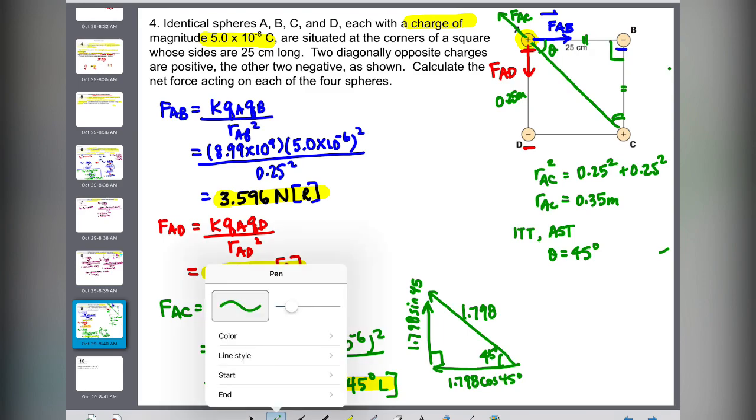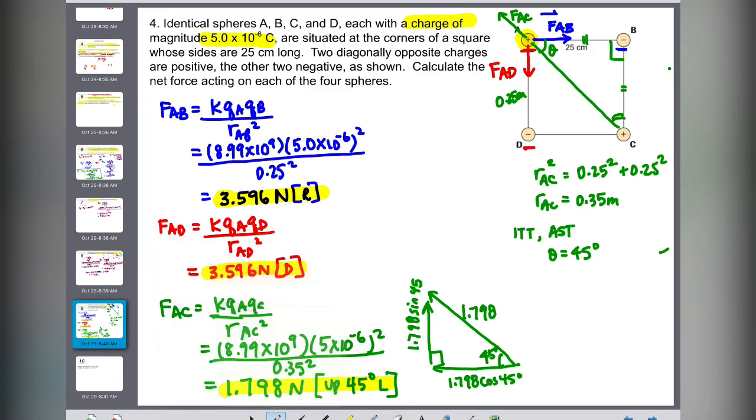So now sum up all the forces along x and y. Along the x direction, I have this force and this force, right? One is going to the left and one is going to the right.